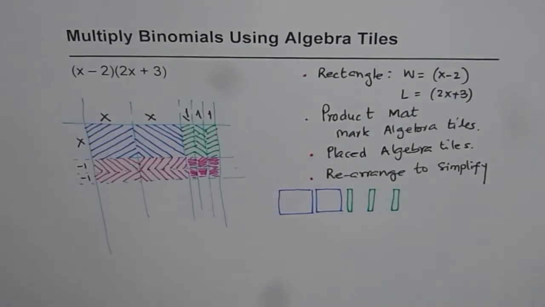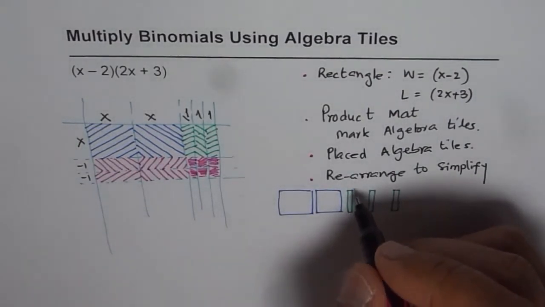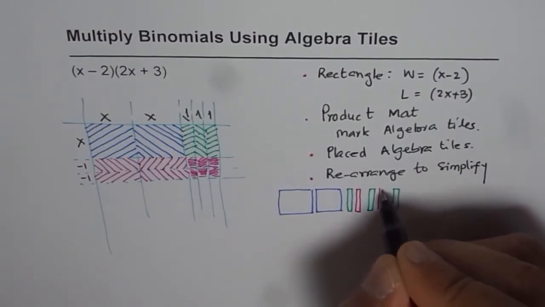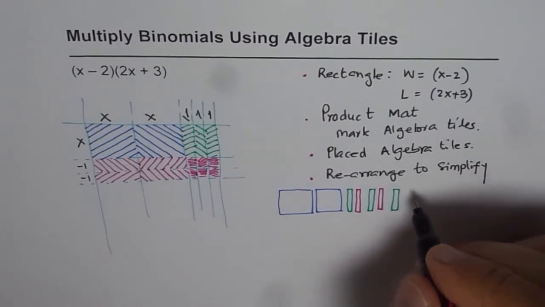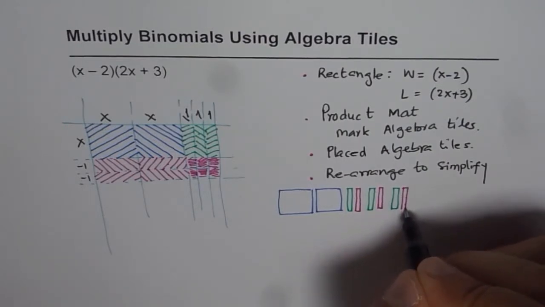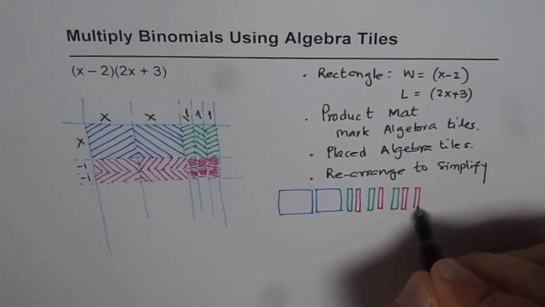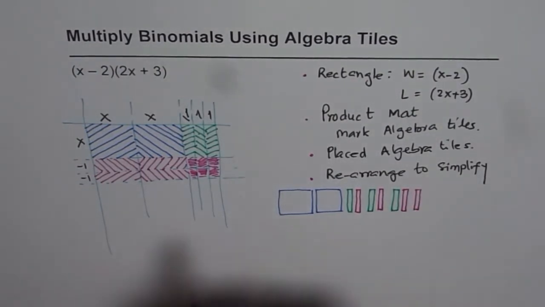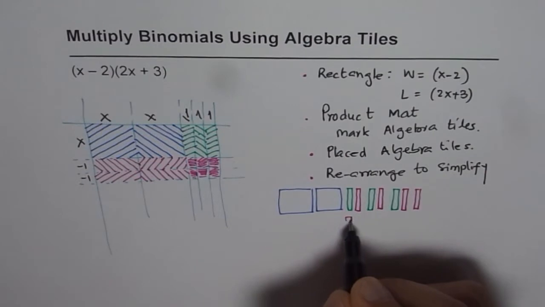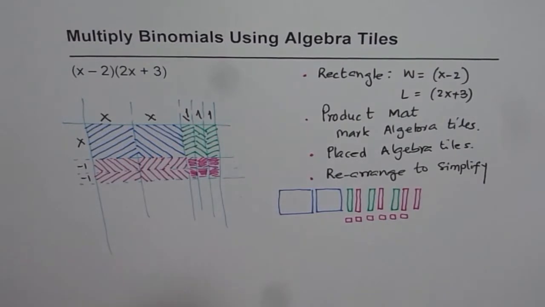We have 3 positive x tiles, 1, 2, 3, 4 negative x tiles. And then we have 6 of these negative ones. So let me draw these 6 here. 1, 2, 3, 4, 5, 6.